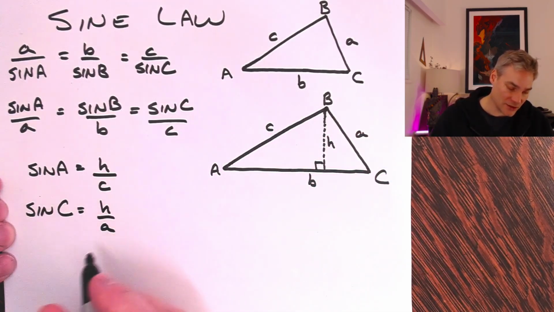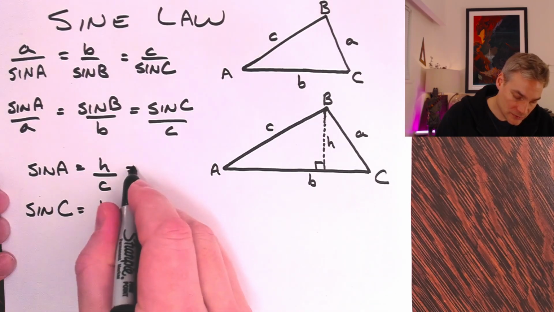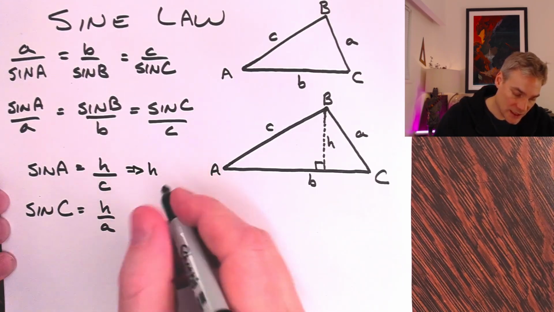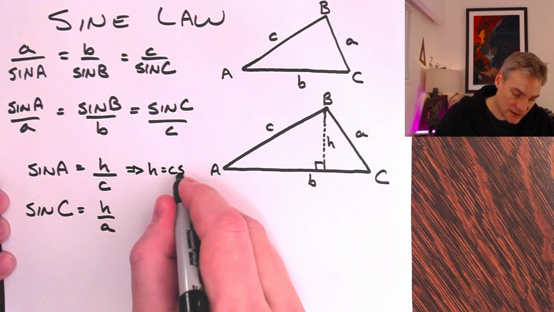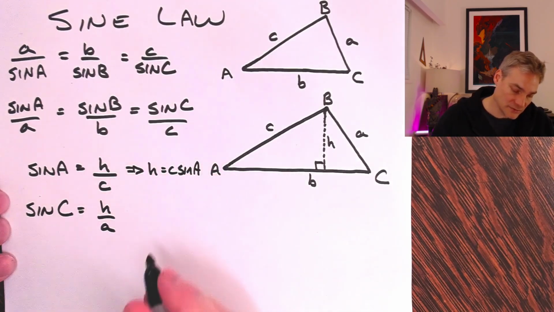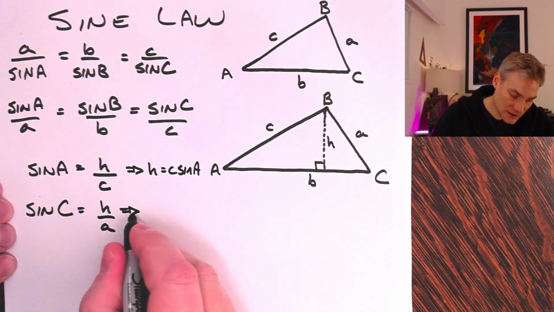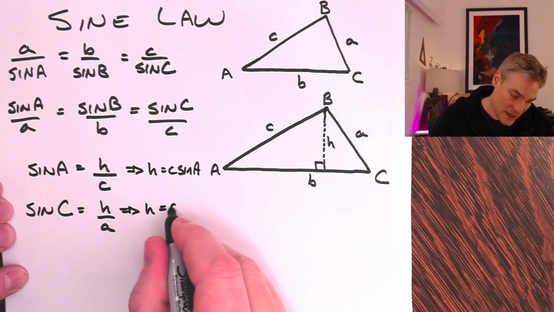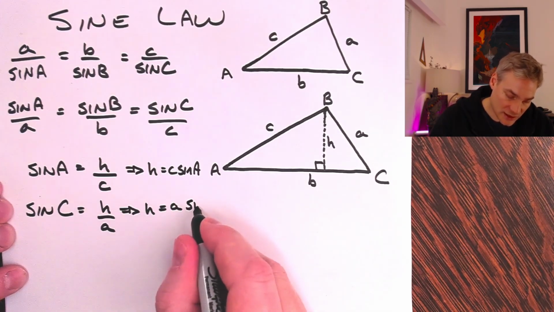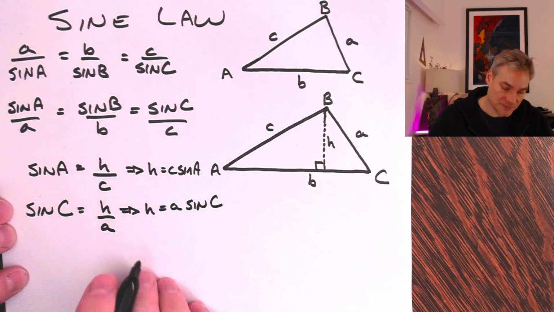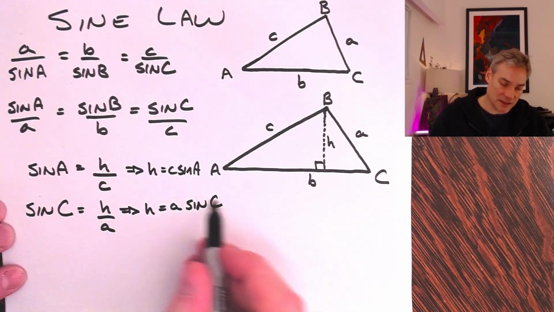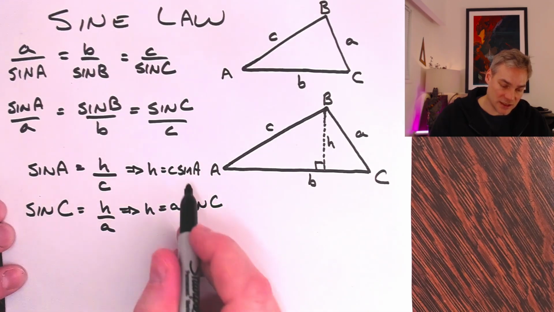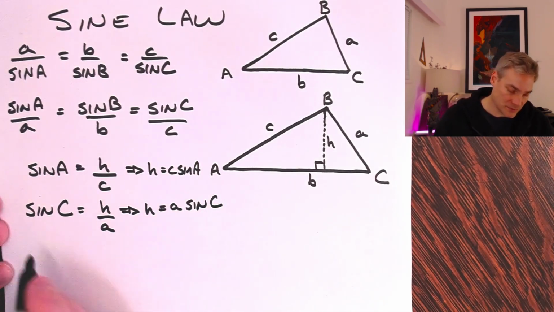Okay, well, if I solve for h, that says h is equal to c sine A. And this one is equal to h equals a sine C. So if this equals h and this equals h, this and this must equal the same.